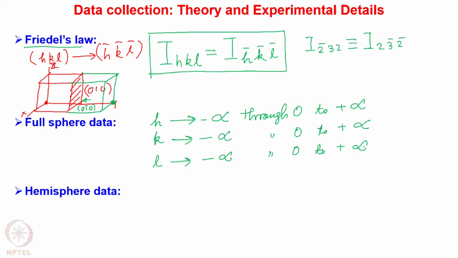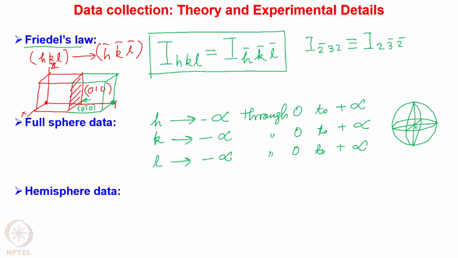This means if we consider the reciprocal lattice as a sphere like this, with H, K and L running from origin to either side.